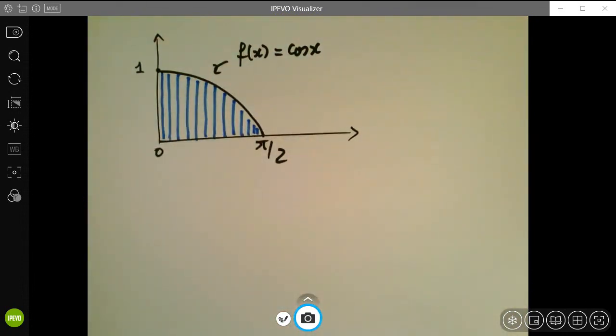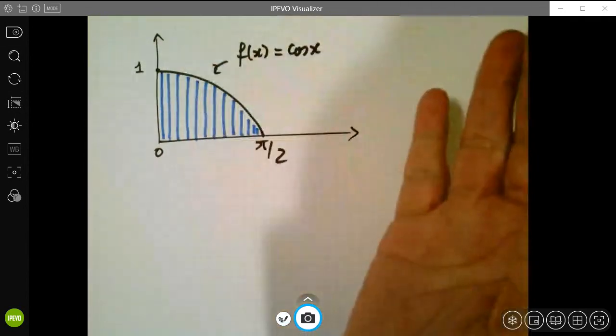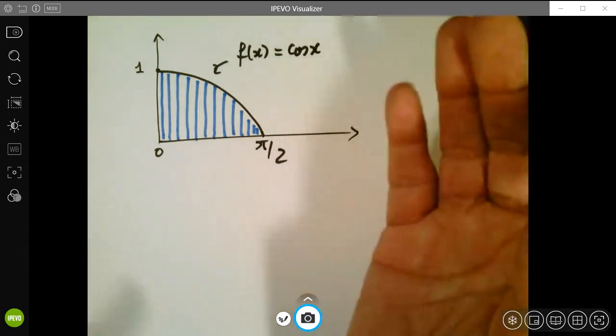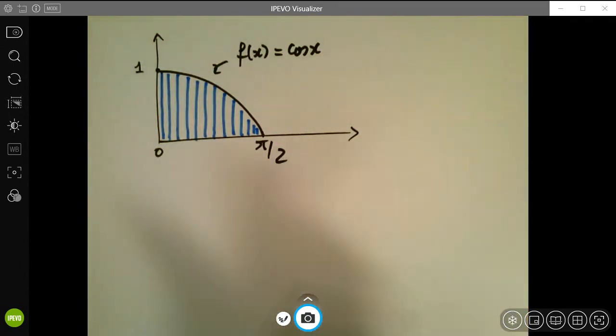Just imagine if you wanted to use Riemann sums. You have to take a subdivision and compute the sum of these rectangles. Riemann sum is inconclusive. It will be extremely hard. It is just impossible.